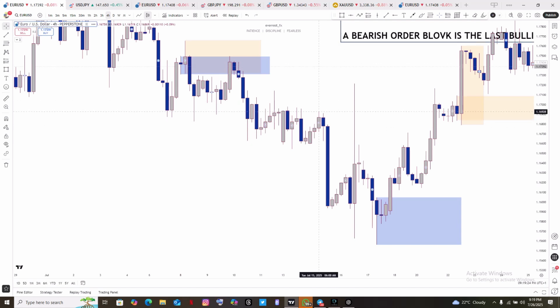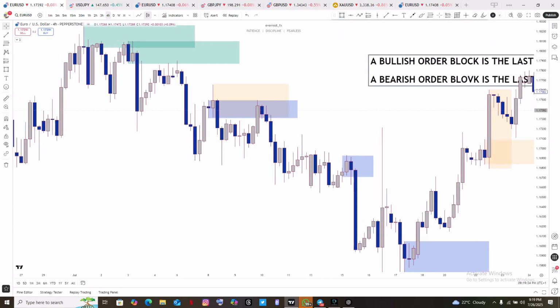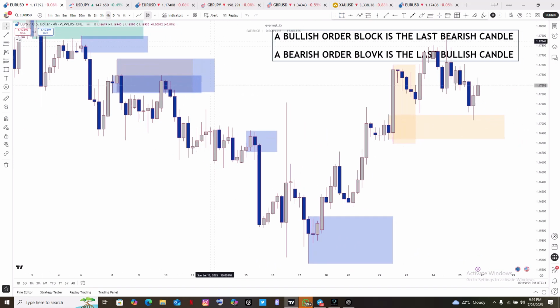You start from the high down to the low. You mark the candle completely. That is how to mark an order block. Start from the high to the low of that candle.